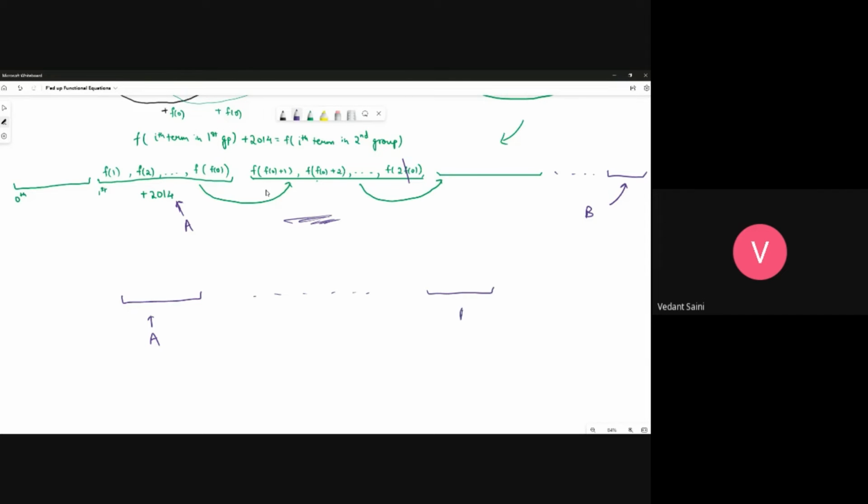These two groups are arbitrarily far off, as the difference between A and B is arbitrarily large. So if we take the minimum element in this group and the maximum element in this group, f of A is at most the maximum element.